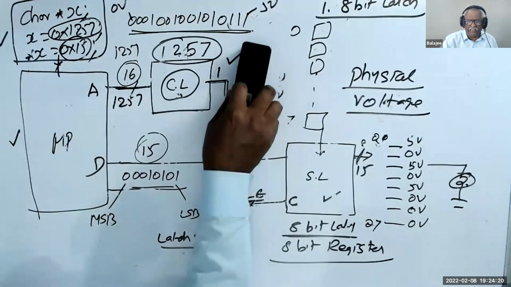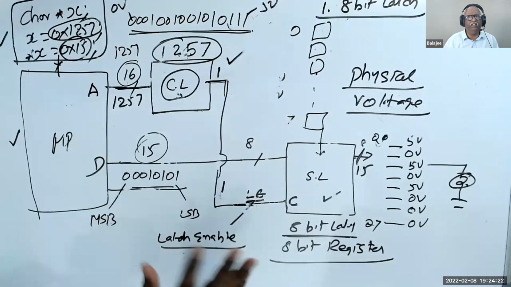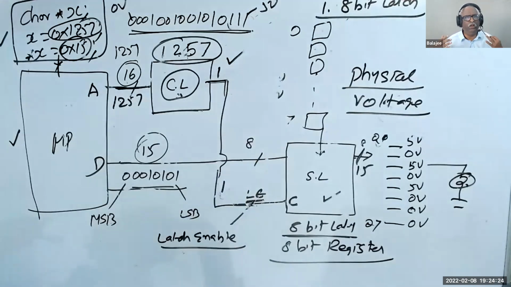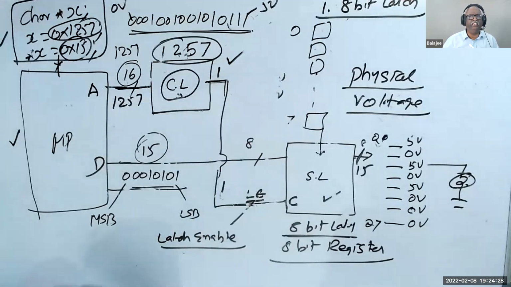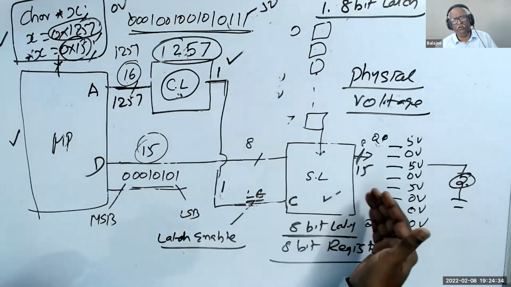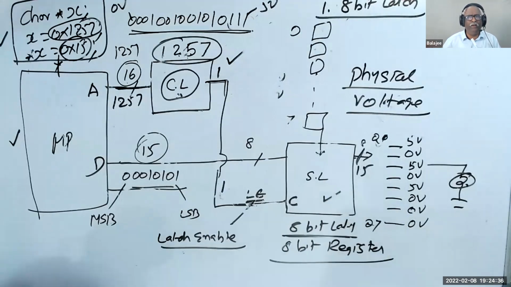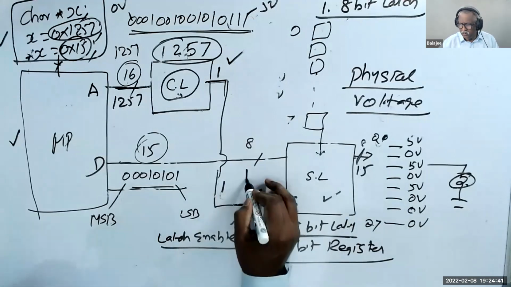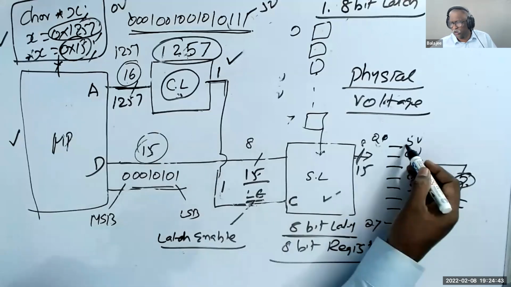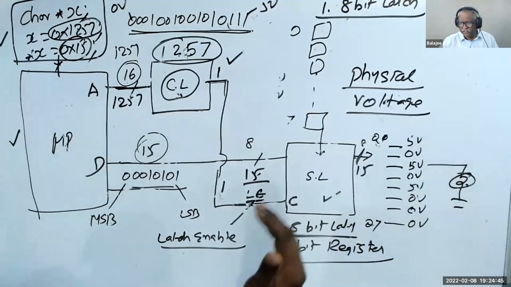Since it is a mathematical representation, we make it 1 and 0. But in the physical world, everything is only voltage. If there is no voltage, there is no current, nothing is passing. This is a good question because nobody asked, but nobody understands. How come I have written 15 here, but also 0 volt and 5 volt? Actually, this is also the same.